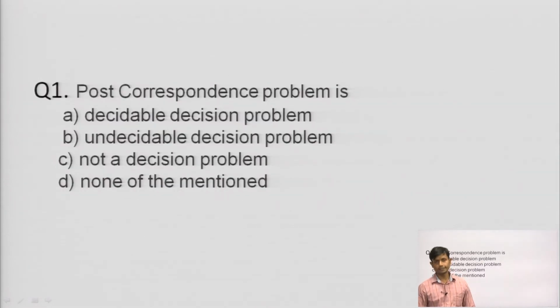Some questions are here. One question: what is the Post Correspondence Problem? Is it a decidable decision problem, an undecidable decision problem, not a decision problem, or none of the mentioned? We have already seen which problem is undecidable.